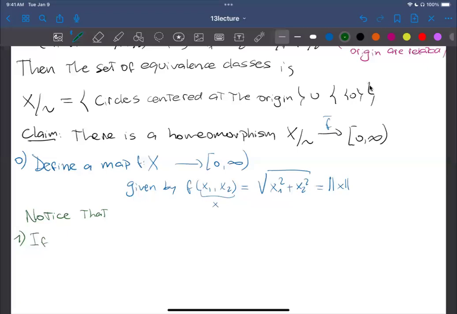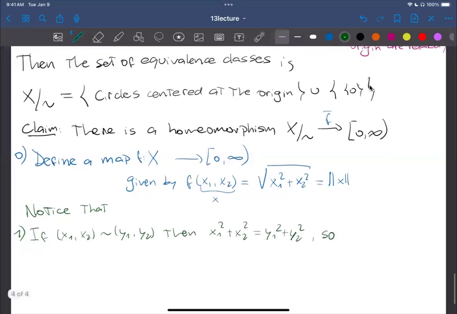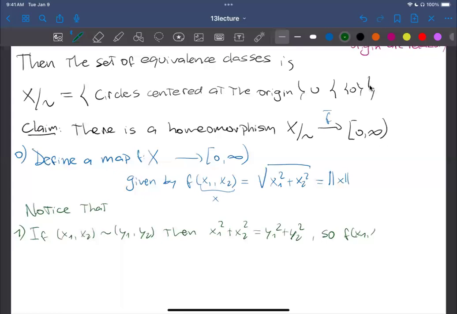So if you take 2 points, x1, x2, which is related to y1, y2, then that means that x1 squared plus x2 squared is y1 squared plus y2 squared. That's the definition of my relation. Now, if that's the case, you take square roots, then you still have the same equality. So f of x1, x2 equals f of y1, y2. And that means that f descends to the quotients.